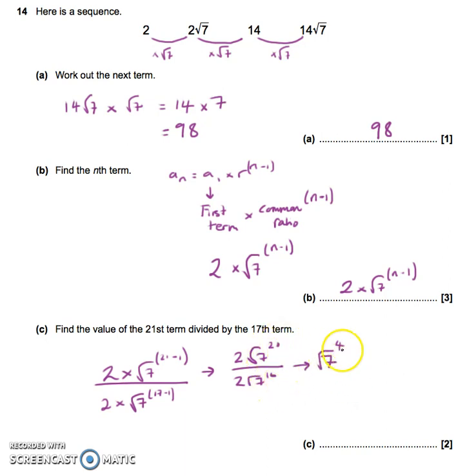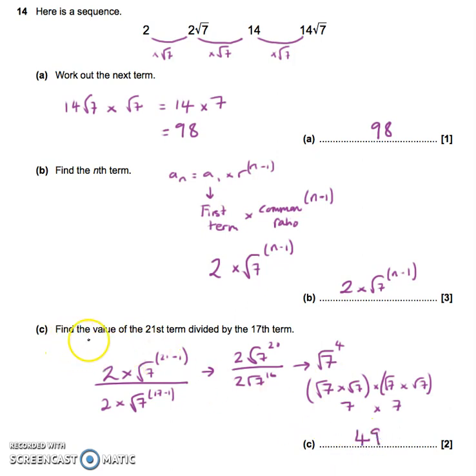So you get root 7 to the power of 4, which if you were to expand just to show you what that would be, you've got root 7 times root 7, and that's going to be 7, and then you've got multiplied by root 7 times root 7, which is also 7. So you end up getting 7 times 7 as the final answer, which is 49.